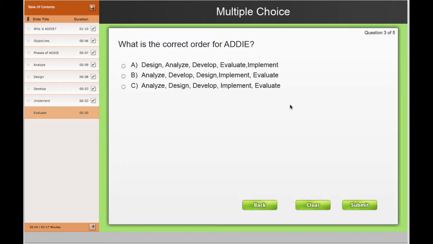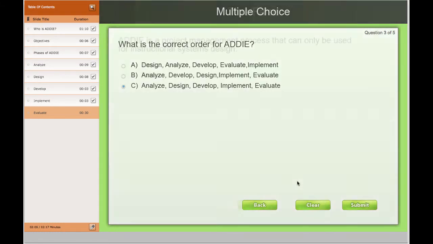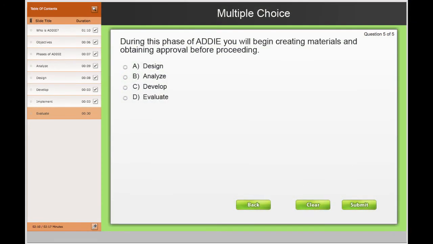What is the correct order for ADDIE? ADDIE is a project management process that can only be used for instructional systems design. During this phase of ADDIE, you will begin creating materials and obtaining approval before proceeding.